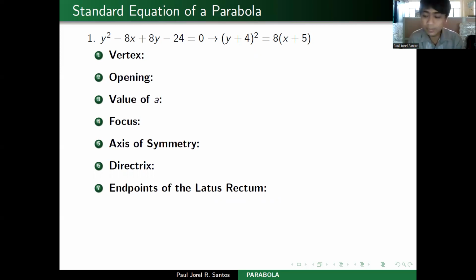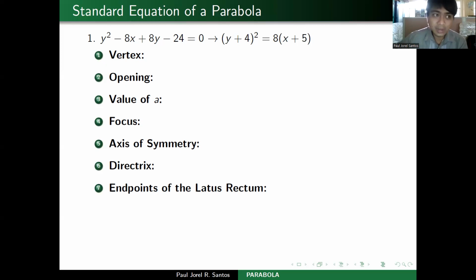let me continue. The vertex is obviously located at, actually it is not very obvious. How are we going to find the vertex? Now, we have to recall that the vertex has the coordinate (h, k), and h is beside x. And as you can see, the number beside x here is positive 5.